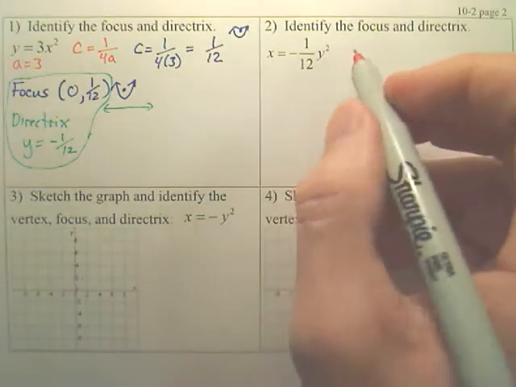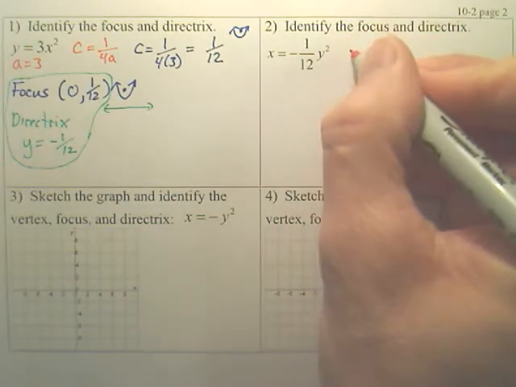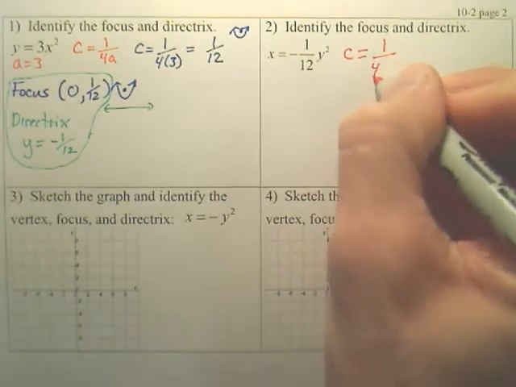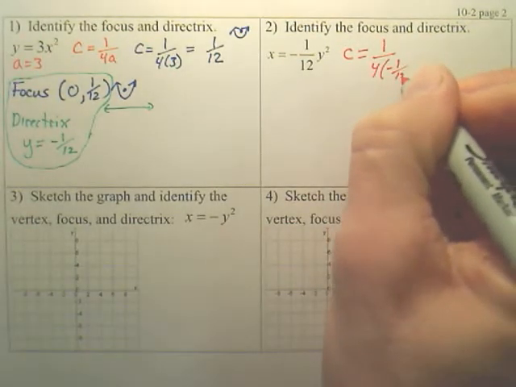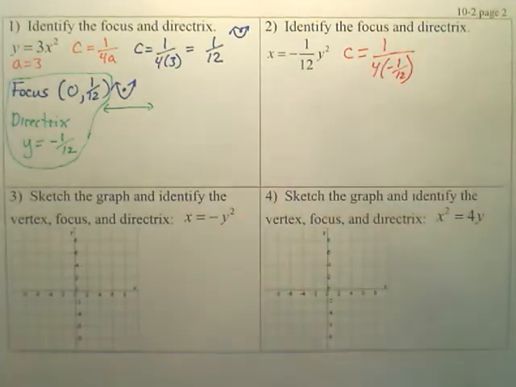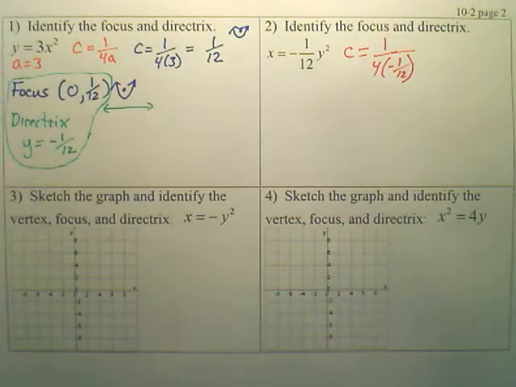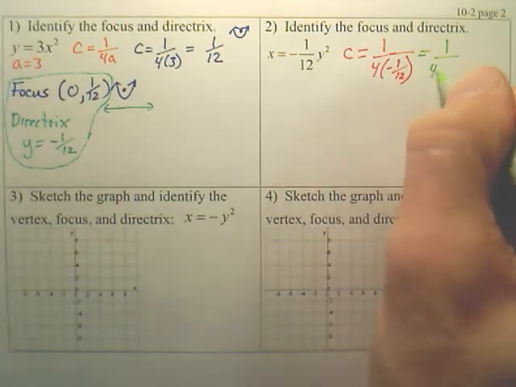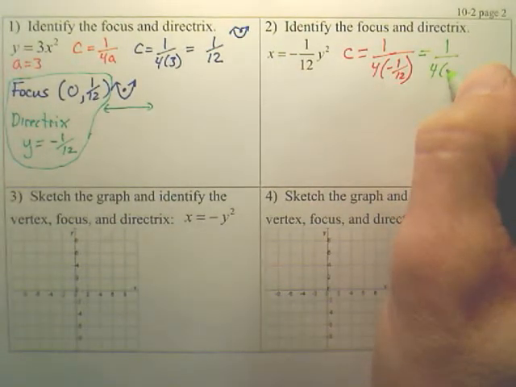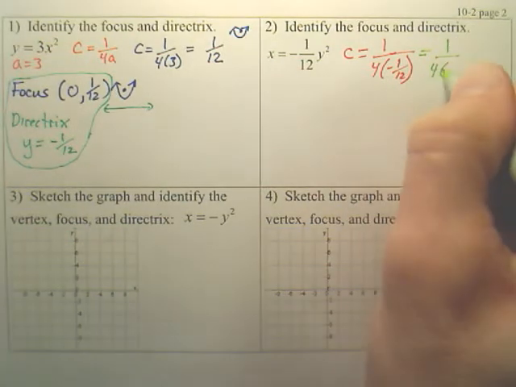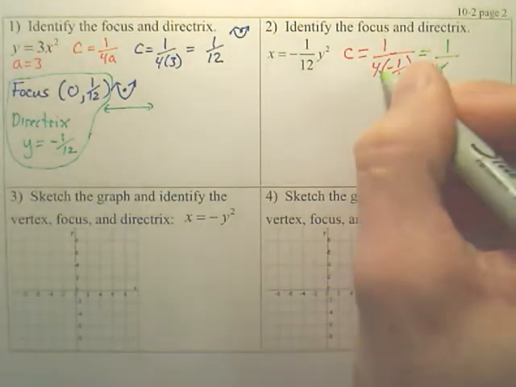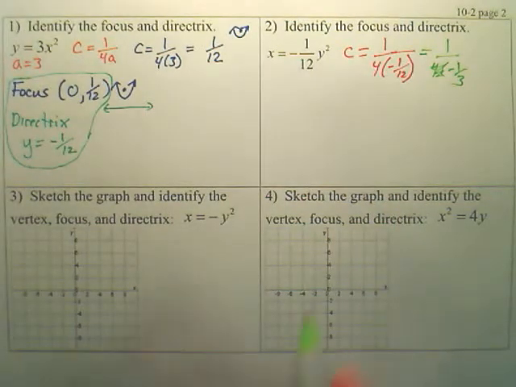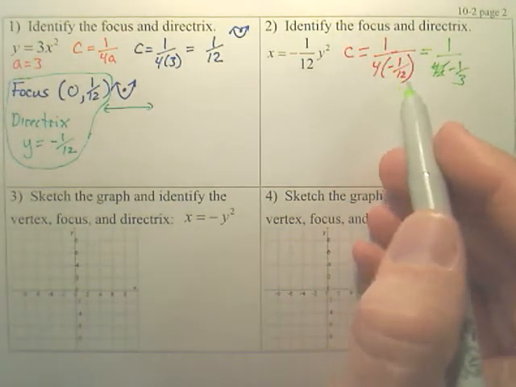Now, let's try it again. Identify the focus and directrix. So C is going to equal 1 over 4 times negative 1/12, which is 1 over negative 1/3, because 4 times negative 1 divided by 12.